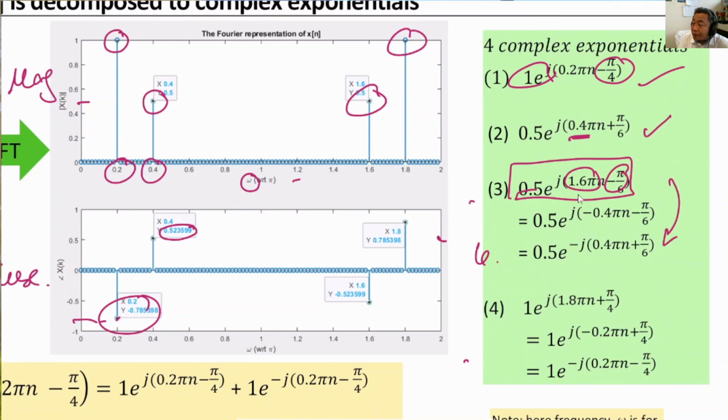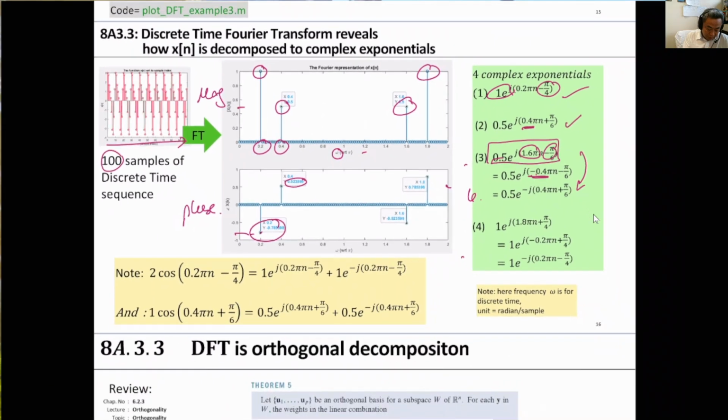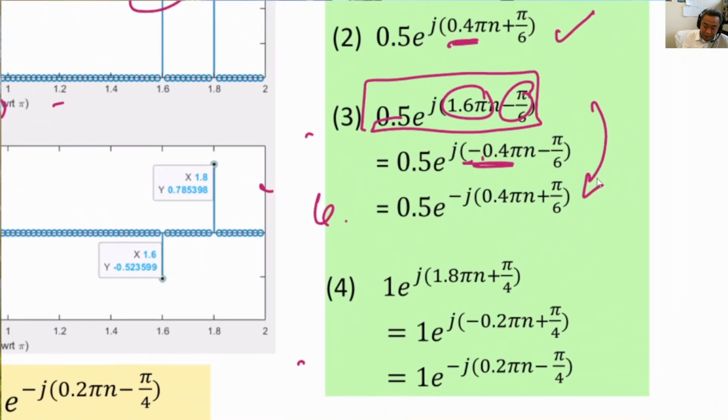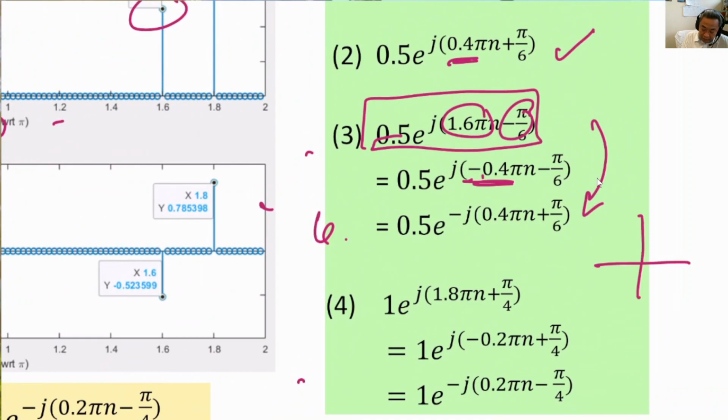But what's all this doing? We realize that 1.6 pi is equivalent to minus 0.4 pi. Well, why do we say that? Okay, let's hold the thought. 1.6 pi is equivalent to minus 0.4 pi because you can think of it as rotating anti-clockwise by 1.6 pi angle.